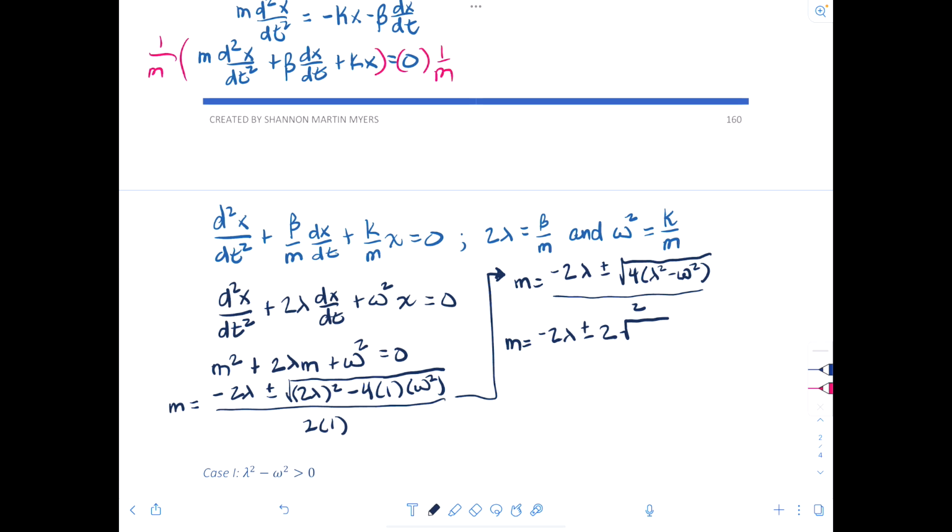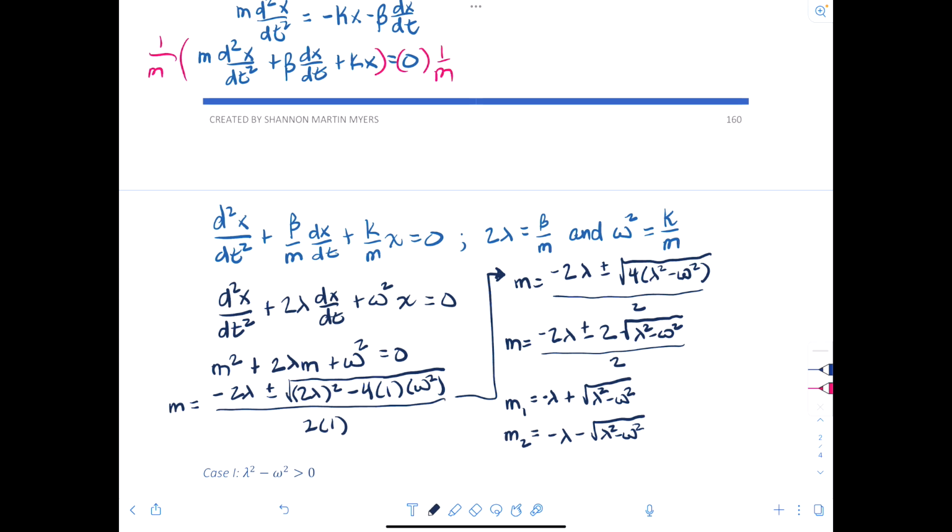And then we'll have times the square root of lambda squared minus omega squared, all over 2. So reducing, we'll get m1 is equal to negative lambda plus the square root of lambda squared minus omega squared. Sorry, that's a negative lambda. And then m2 will be negative lambda minus the square root of lambda squared minus omega squared.